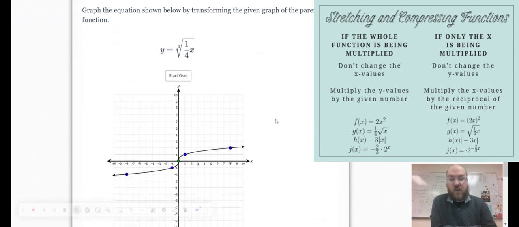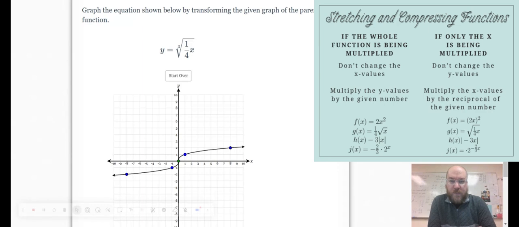All right, the other type of equation you might get looks like this. In this situation, the number that's multiplying isn't happening to the whole function. It's only happening to the x. It's happening inside of the operation, right? So in this case, let's look at the graphic that I've put up on the screen here.